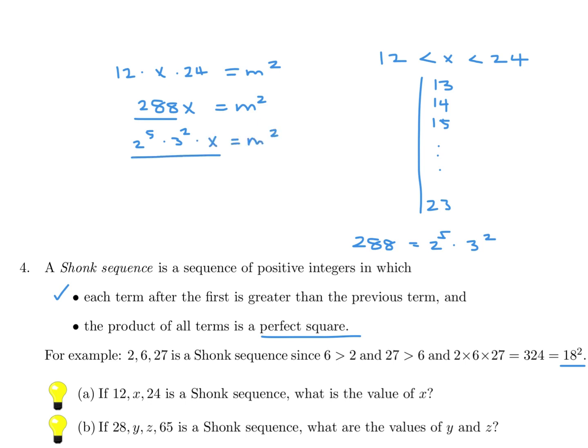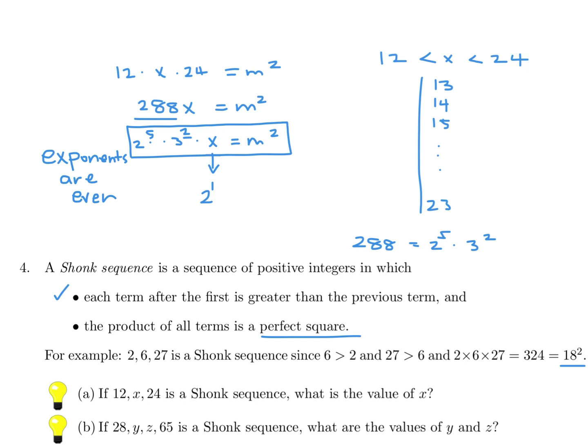Now, this can be a perfect square if the exponents are even. How can I make the exponents even? Well, if this x had a 2 to the power of 1, that would add with the 5 to give us 6. That would make it even.